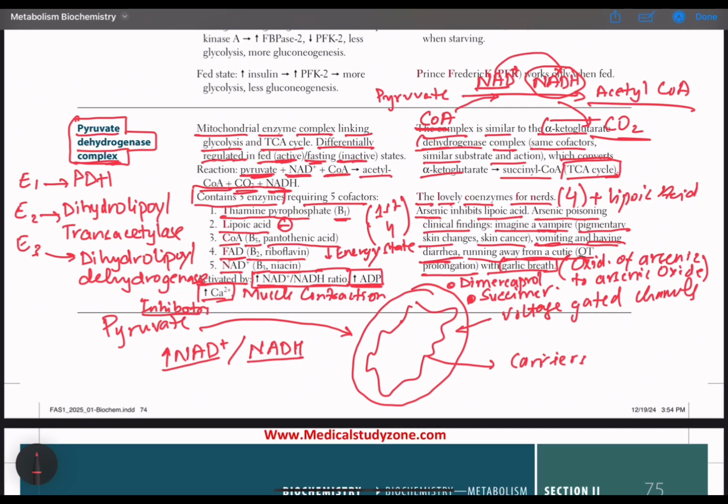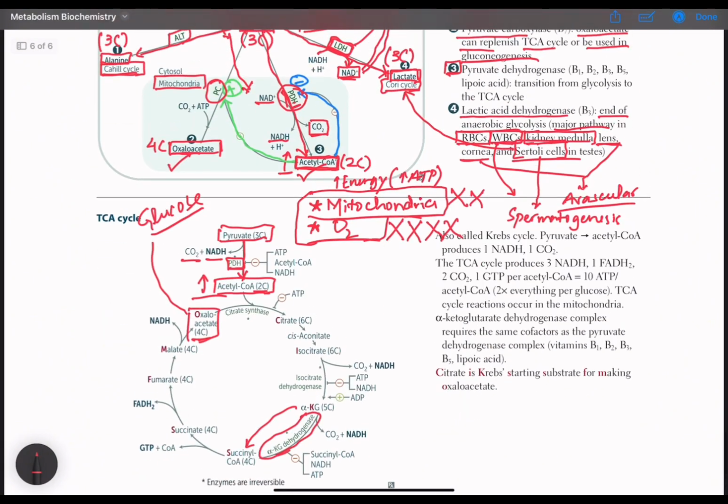of pyruvate dehydrogenase? The first is an increase in acetyl-CoA, the product of pyruvate dehydrogenase. If we have an increased concentration of acetyl-CoA, it will lead to the inhibition of pyruvate dehydrogenase. Why? Because the subsequent steps in the TCA cycle are all inhibited by ATP.